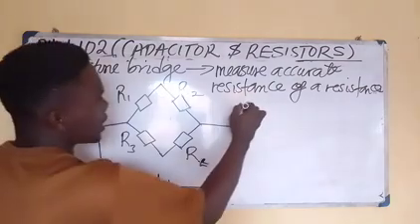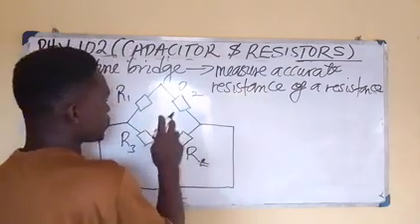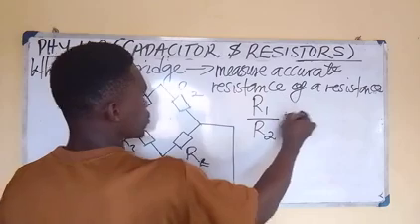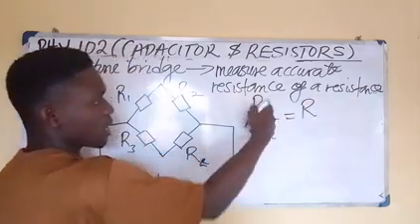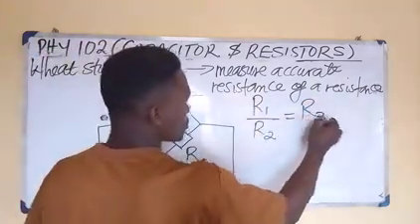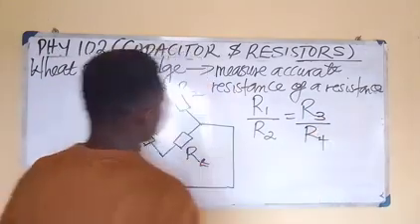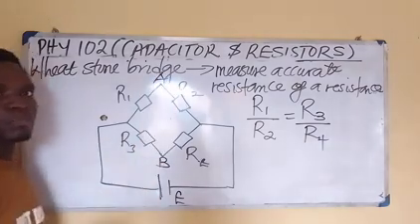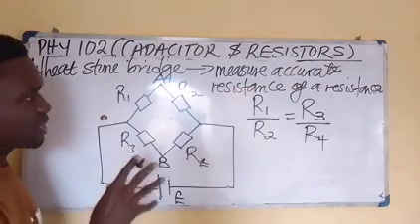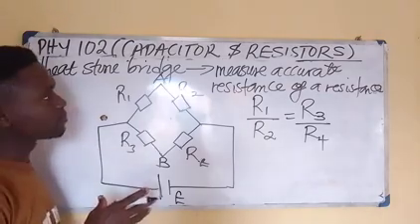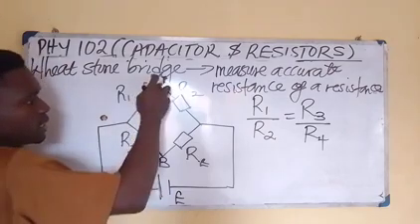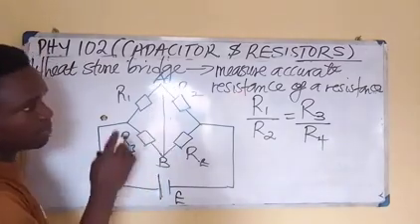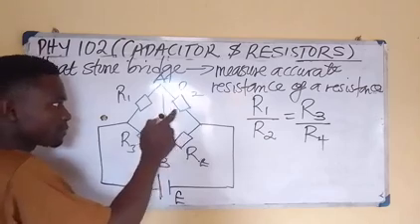So to calculate what we have here, it is simply the ratio of R1 and R2 to the ratio of R3 and R4. If I write here A, for example, and B, please note, in case you are given a question that involves a diagram, asking the potential difference between A and B, the potential difference between A and B is equal to 0.